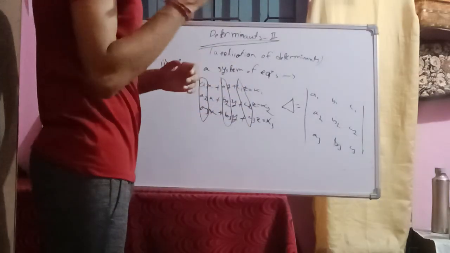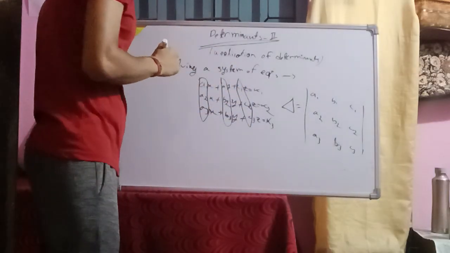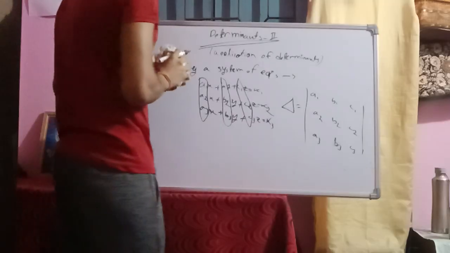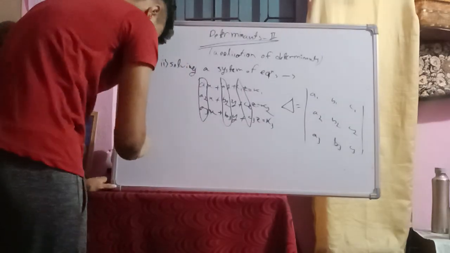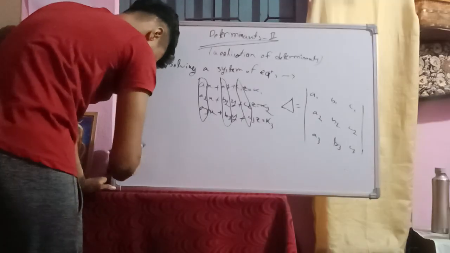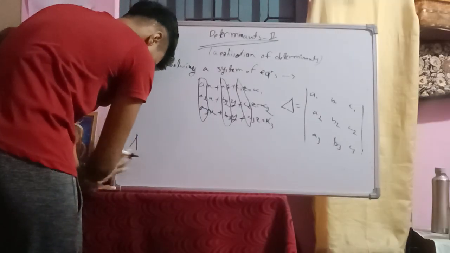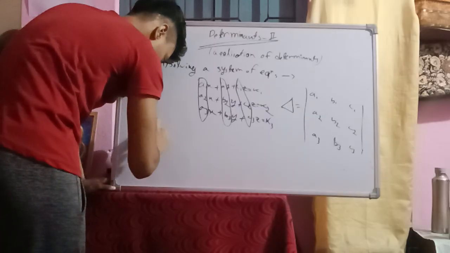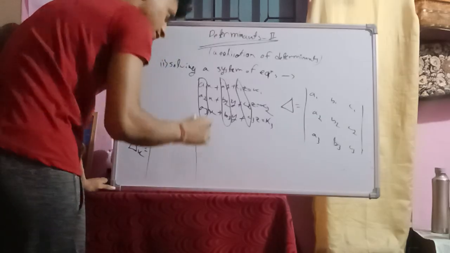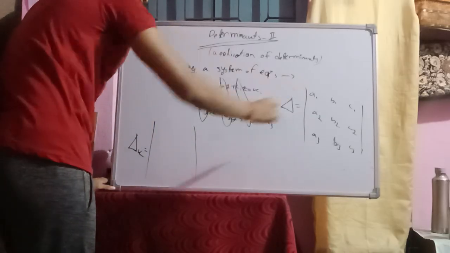Now we have to create three more determinants. Let's call the second determinant delta x. Here things would stay the same as this one.